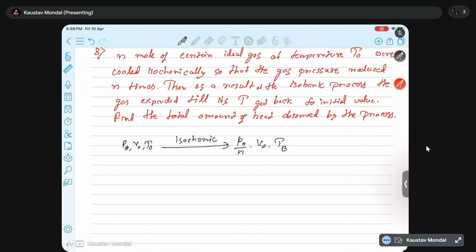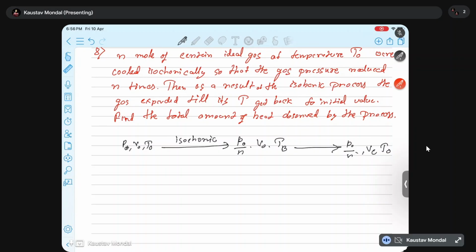Then from there it again gets back to its initial temperature, T0, and this is an isobaric process. So the temperature goes back to its initial value T0. Now the pressure remains the same, P0 by n, but the volume changes to some volume, let's say V_c.